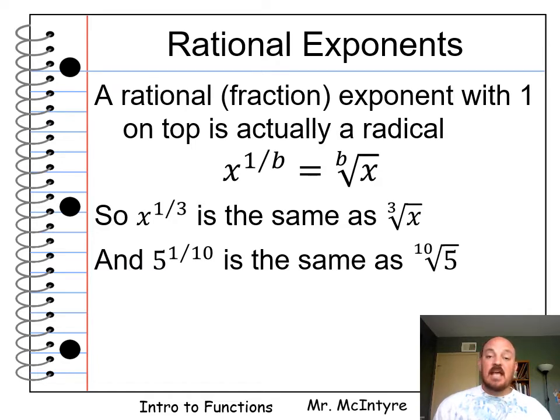That's the same as the 10th root of 5. So basically, whatever number you see in the denominator turns into the index of the radical. A 1/3 power is a third root, or a cube root. A 1/10 power is a 10th root.